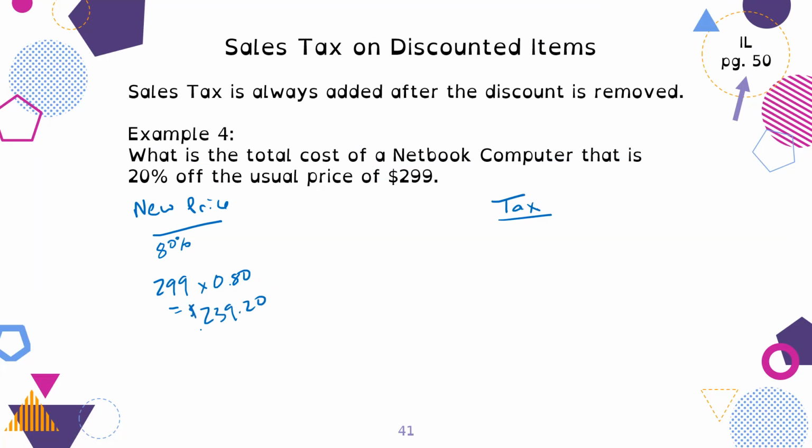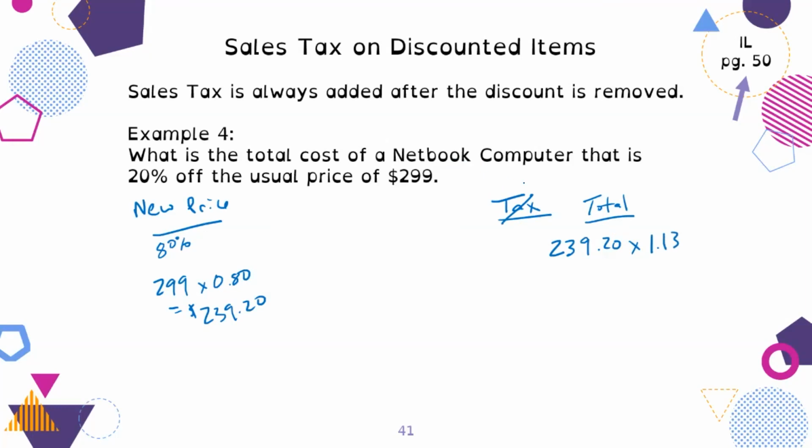We want to think, does that make sense? Am I subtracting that off? No, I figured out what the new price is. So the new price is pretty close to the old price, but a little bit less. Perfect, that's good. So then to calculate the total cost with the tax, I'm not just going to calculate the tax, I'm going to do the total. So that means I'm going to do $239.20 times 1.13.